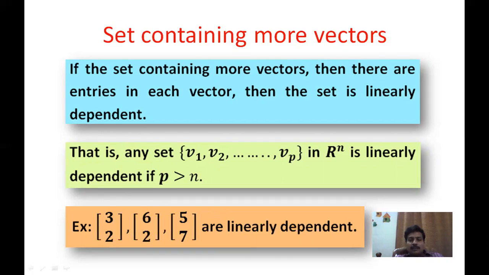Any number of vectors that is more than the entries is linearly dependent. If I take R20 and 25 vectors are given to me, then simply I can say that those 25 vectors are linearly dependent, without verifying anything, since there are more vectors than the entries in those vectors.